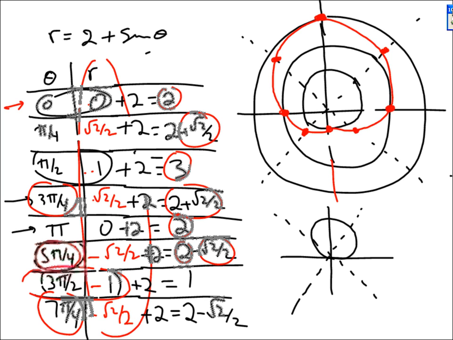You've got the circle there. Now, it would be hard to look at the first one. We did this by plotting points. Try the next angles and see what would happen.